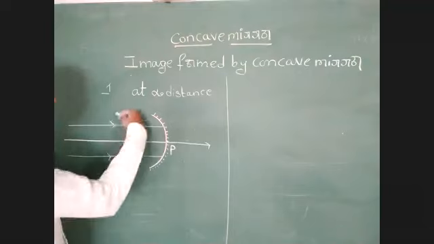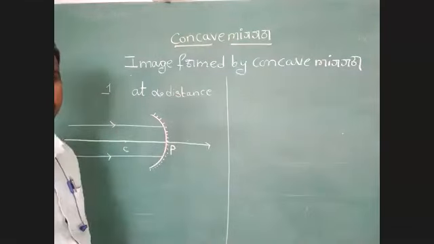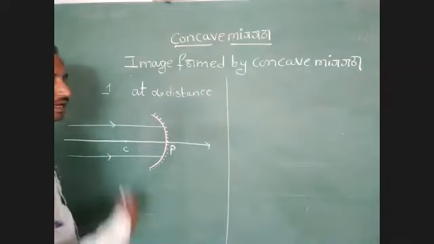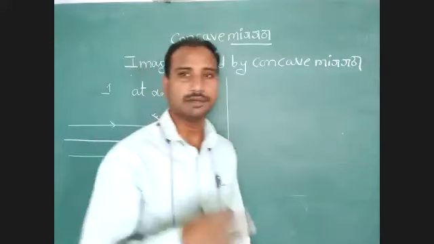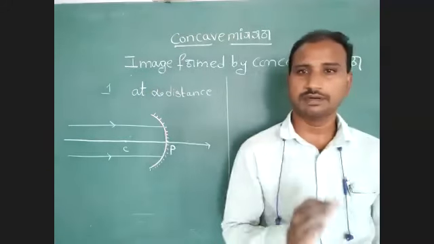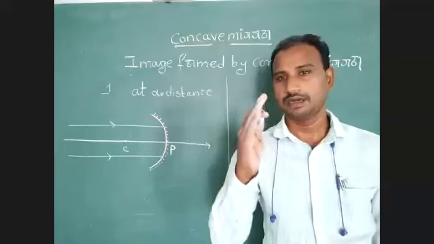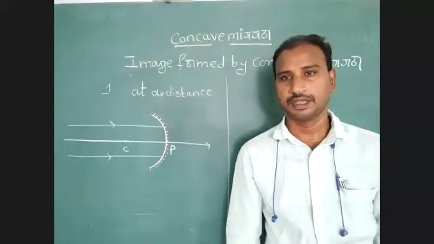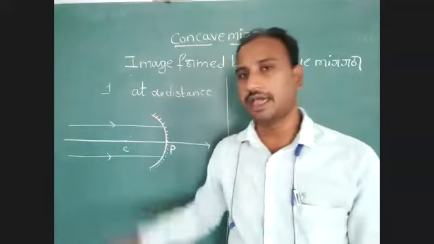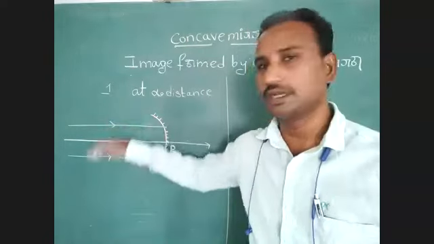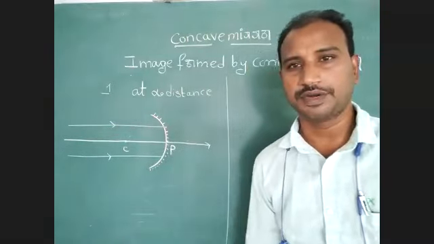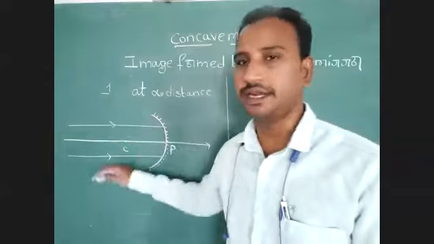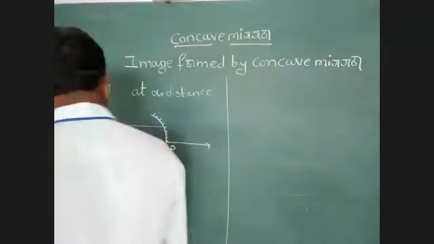These two light rays are marginal light rays. Between these marginal light rays, we have to consider n number of light rays involved in image formation. But it is a ray diagram, so for a ray diagram, we have to consider two marginal rays. Have you understood? Marginal rays means end rays.